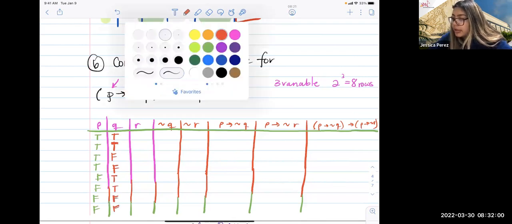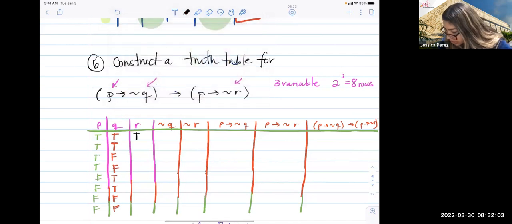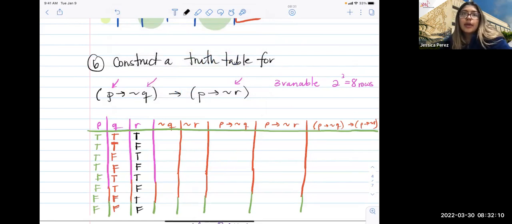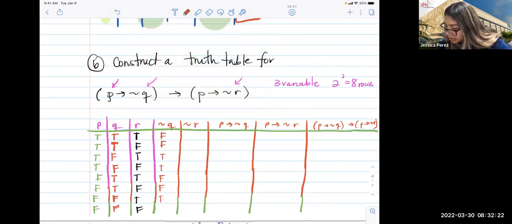And then the other one is T, F, T, F, T, F, T, F. Now you're negating Q, so that should be F, F, T, T, F, F, T, T. Now you're negating R: F, T, F, T, F, T, F, T.